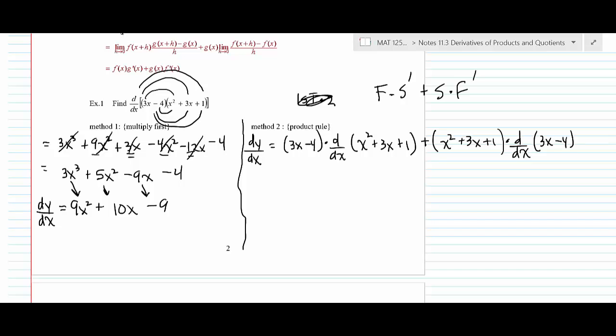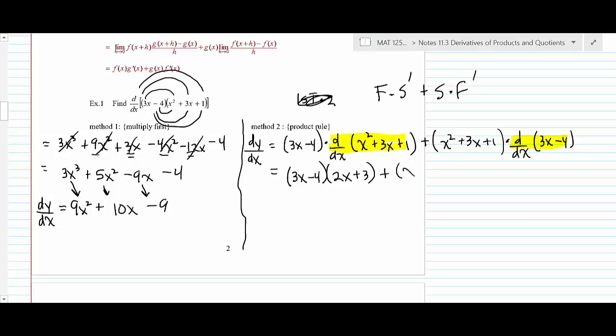Now what we do is we're going to do this derivative, which you should be able to do pretty easily, and then we're going to multiply it out. We should get the same answer. So the 3x minus 4 comes down. What's the derivative of x squared plus 3x? 2x plus 3. Okay, that comes down.